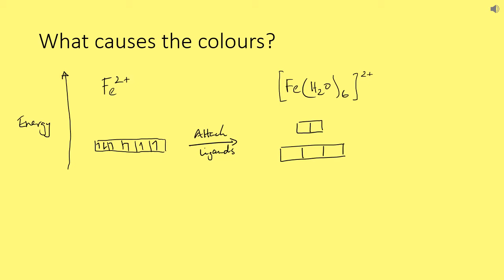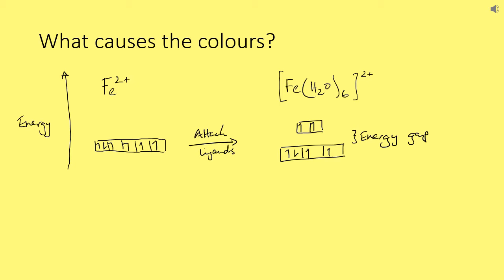So there are our 5 orbitals, but now we have an energy gap, which we're going to call our energy gap. Let's fill in our electrons. We still have 6 electrons to fill in. So 1, 2, 3, 4, 5, and the 6th one goes in a low energy orbital.